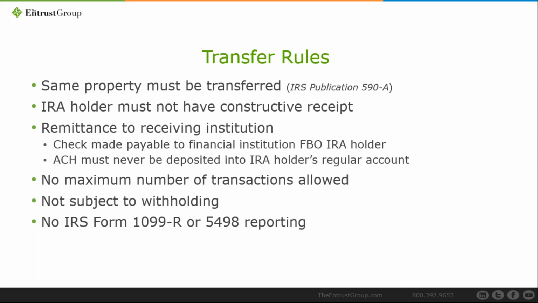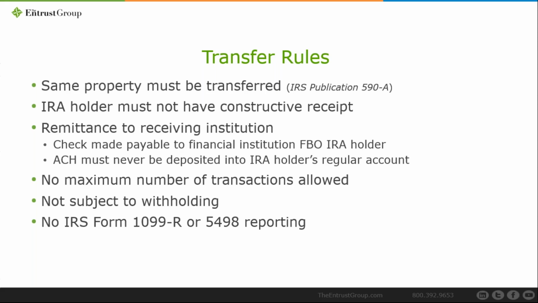In other words, the check is made payable to the other financial institution so that the individual cannot cash that check. A common naming convention would be ABC Company for the benefit of the IRA holder's name and the IRA holder's IRA. Again, the financial institution for the benefit of the IRA holder, the type of IRA, and the account number in some cases.